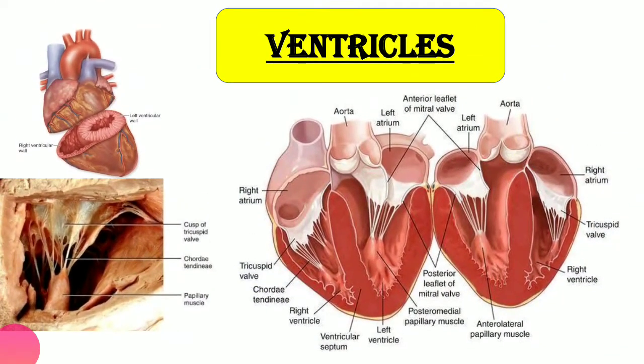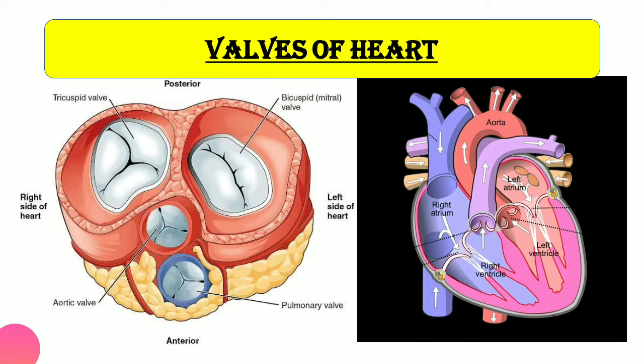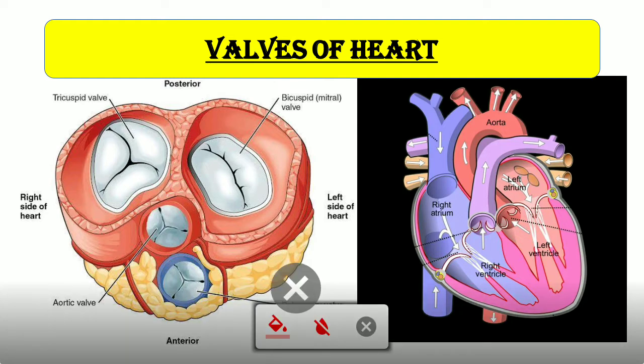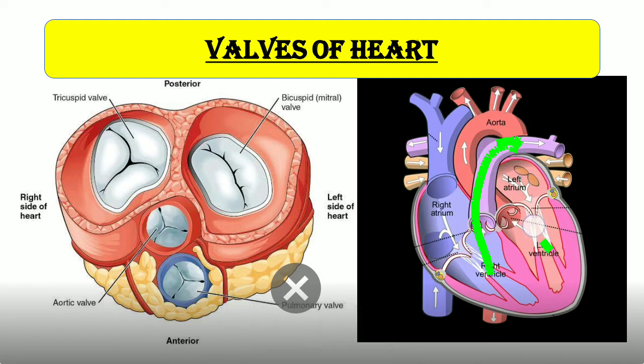Now the ventricle portion is over. Now coming to the valves. Here you can see the aortic valve and the pulmonary valve. The left ventricle and right ventricle push the blood through the trunks to the body and the lungs.